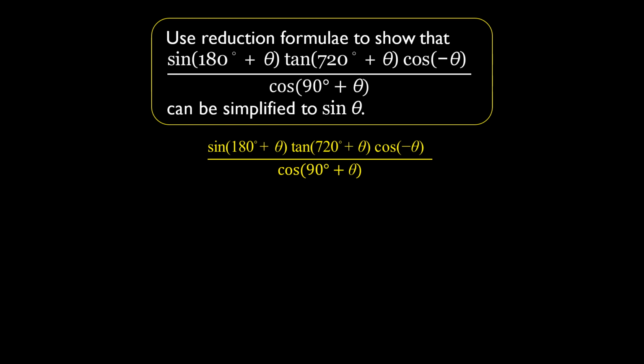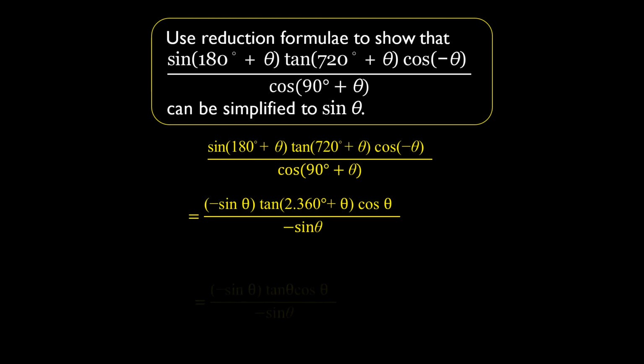You can simply subtract 360, then we get 360 plus theta. You can again subtract 360. If it is more than 360, you can subtract. So ultimately, you can subtract 720, 2 times 360 is 720. If you subtract, we are going to have tan theta there.